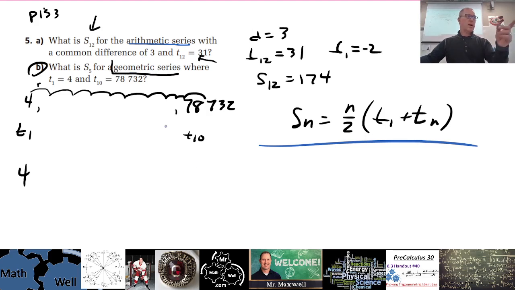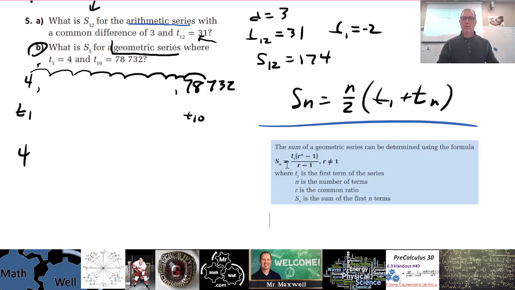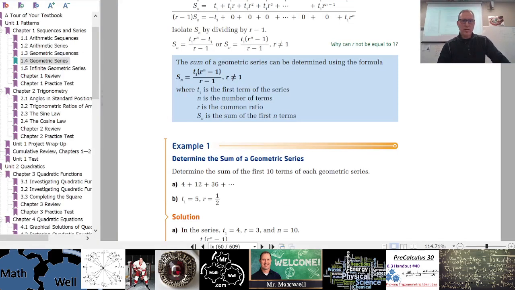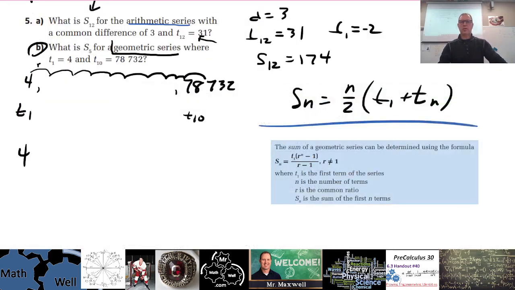So let's go back and find your notes or your book for the sum formula for a geometric series. Yeah, back in 1.4, geometric series. Here's your formula down here. We need T1, which we have, N, which we have. We're trying to find the sum of the first 5, and we need to find R.